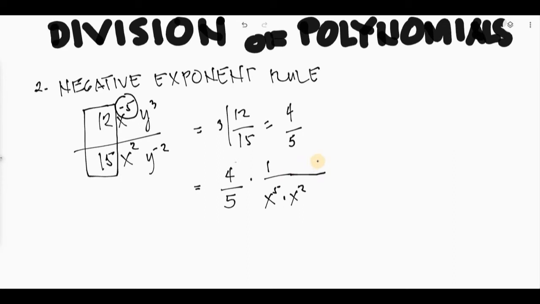And this one, times y cubed. Okay? Over. This one kasi meron siyang negative exponent. So, ang gagawin natin, lalagyan pa rin natin siya ng 1 na numerator and then bababa natin. So, it will give us 1 over y squared.